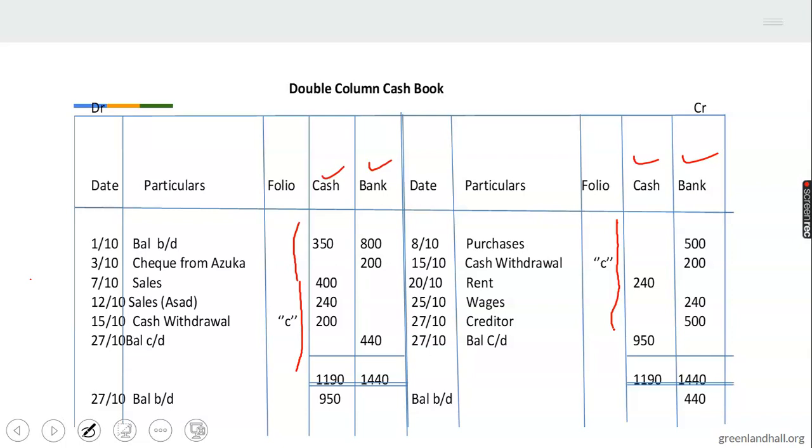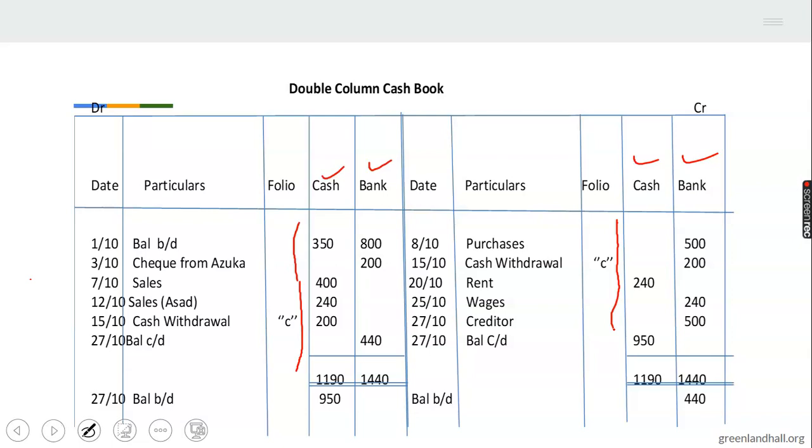In this case, the cash column at the credit side is the smaller one. And therefore, we are going to take it away from the total that we have at the debit column, that is the cash debit column. When we take it away, it gave us 950 naira. So that 950 naira, as at 27/10, is the balance carried down.